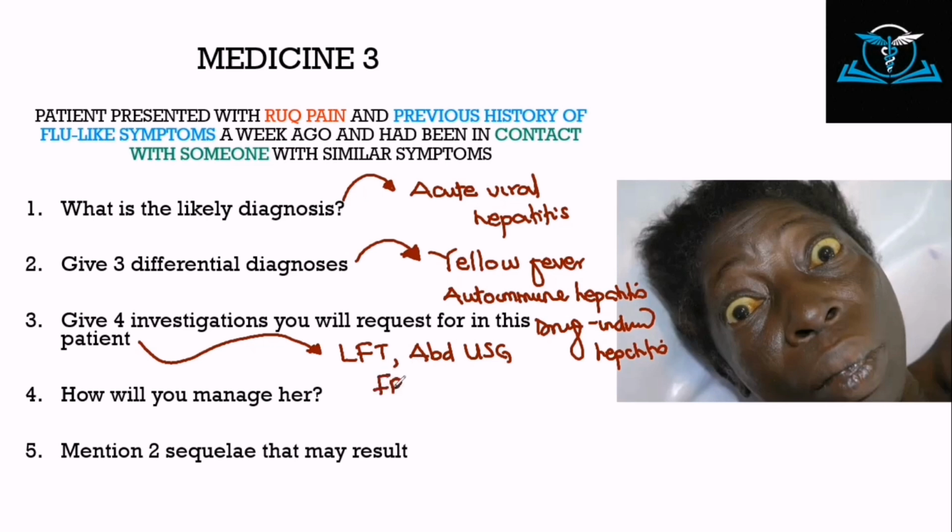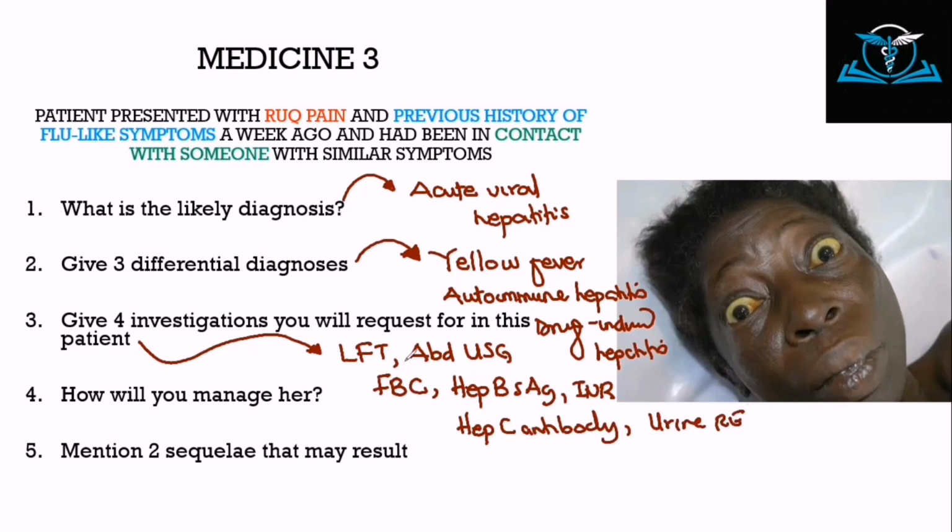What else? Doc, urinalysis. Okay. What else? INR. Hep B surface antigen, Hep C antibody, right? You are looking for the cause, isn't it? Yes, sir. And maybe the urine RE, that is fine.